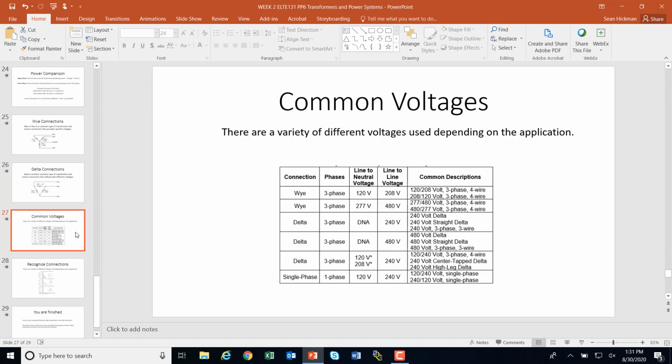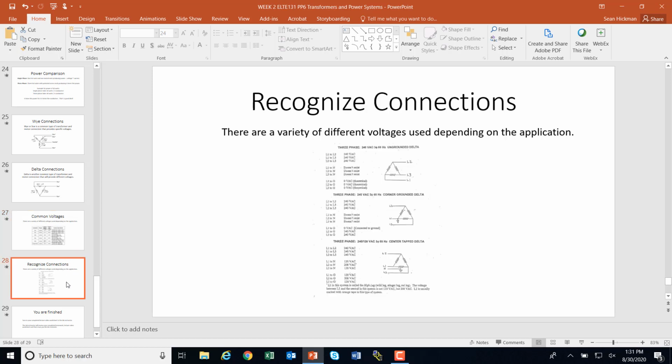And that is going to give you different voltage characteristics depending on what device you hook up and how your transformer is hooked up. So that's a pretty quick description of that. The reading and the homework really goes over how those relationships work, and you'll definitely want to understand and memorize the voltages that are available with different transformers.